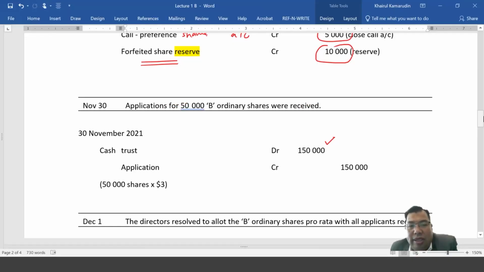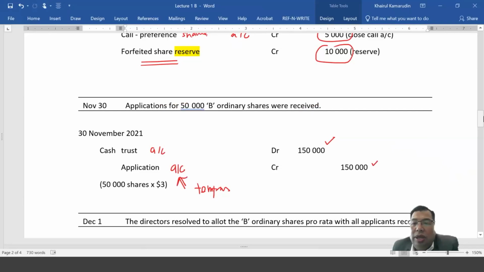Application is the first step when they submit. It's not shares yet because we haven't decided who will get the shares. So I'm going to use application accounts. Debit cash trust account and credit application account by 150,000. So these are temporary accounts.